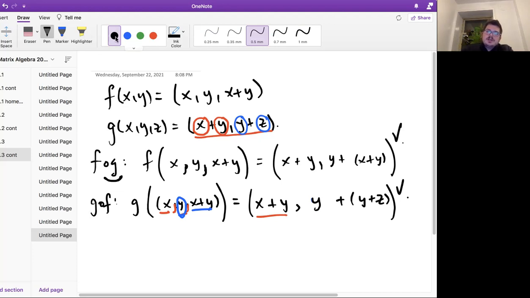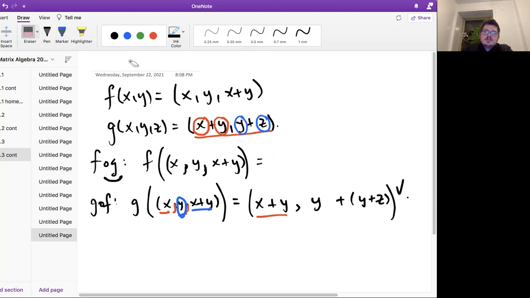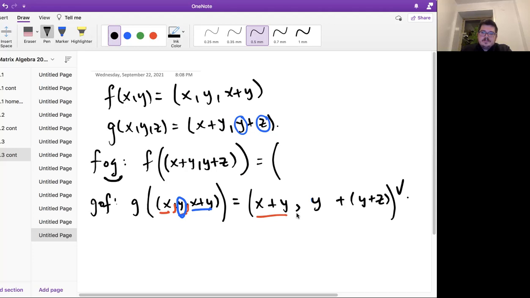F of G, yeah. Here's G, it's x, y, x plus y. So we look at F, and your first coordinate is whatever. Oh, I'm sorry, I put F here. That's F of F. Sorry, I did F of F. Something went wrong there. What is F?